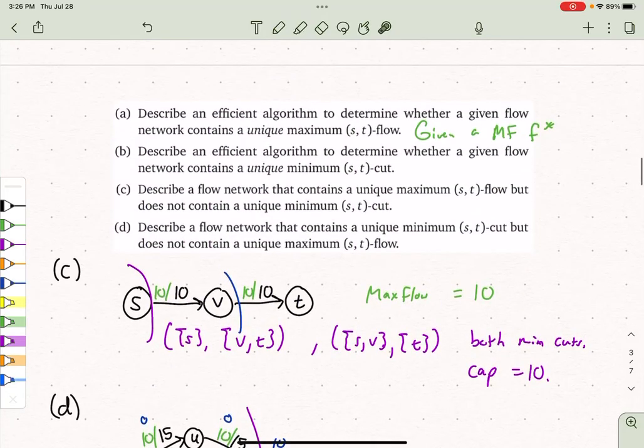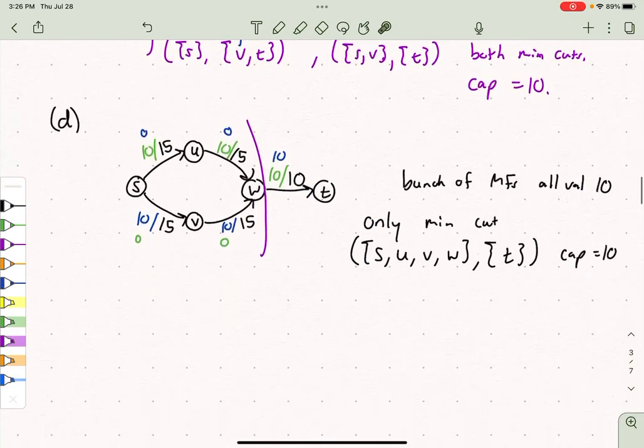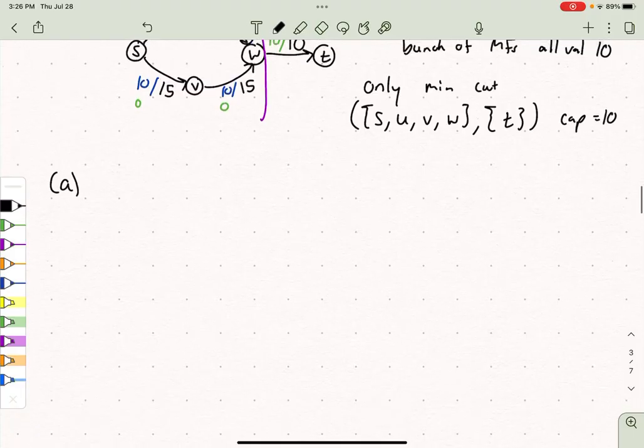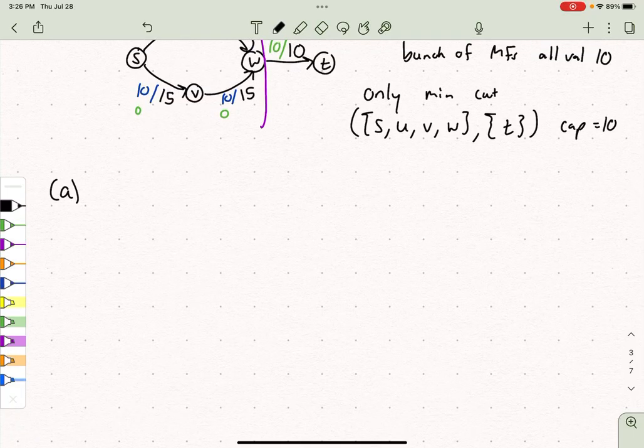Because ideally, computing an entire max flow should be harder than just checking whether one is unique. There seems to be a difference in difficulty there. So let's solve this. So first thing we're going to do is we have our max flow F star, which we either compute or we can assume is given to us.